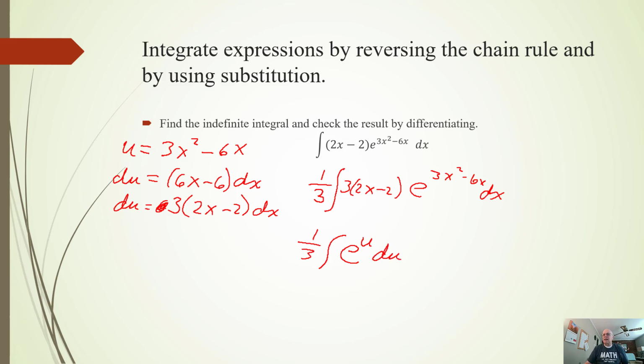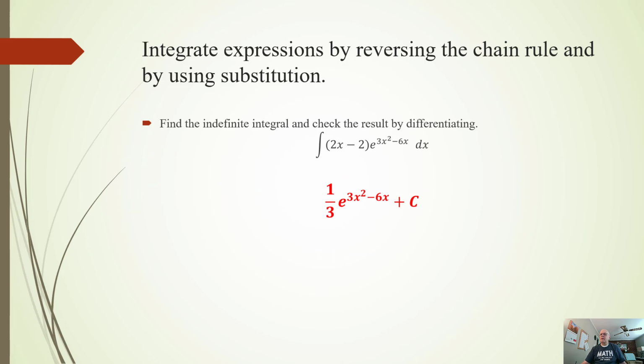All of a sudden, it gets really easy. So it's 1/3 e to the u plus c. Put the u back in, 1/3 e^(3x squared minus 6x) plus c. There you go. You catching on?